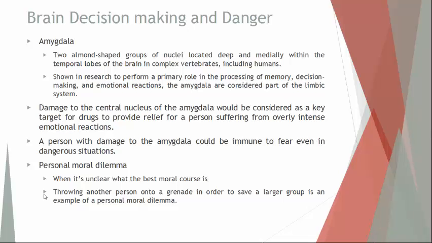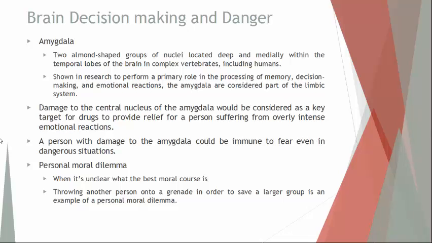such as humans. The amygdala has been shown to have a key role in processing how memories are stored, where they're stored, decision making, emotional reactions, and being able to establish a moral compass, as a good way to put it. It's also a part of the limbic system.